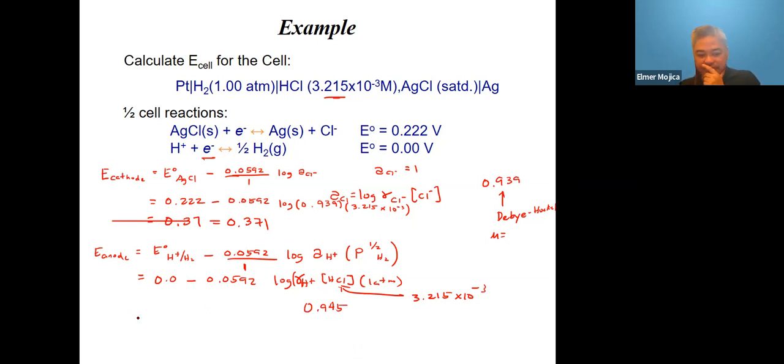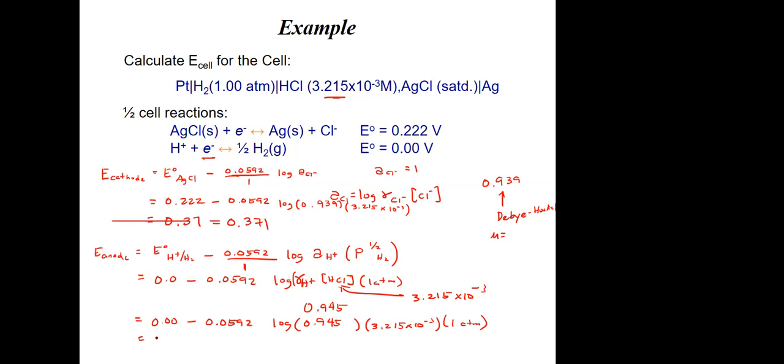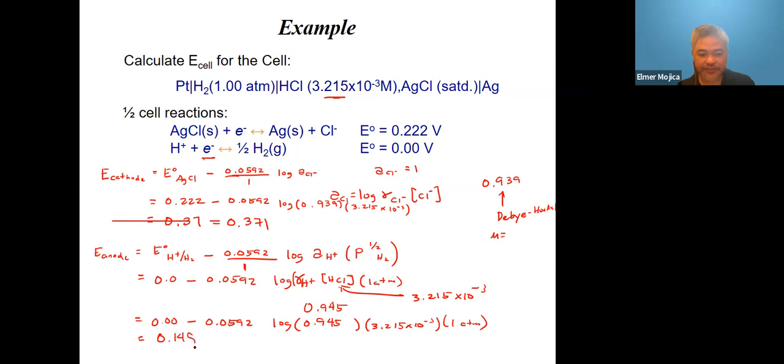And if we have that, 0 minus 0.0592 times log of 0.945 times 3.215 times 10 to the negative 3 times 1 atmosphere. And what do we get? 0.149.